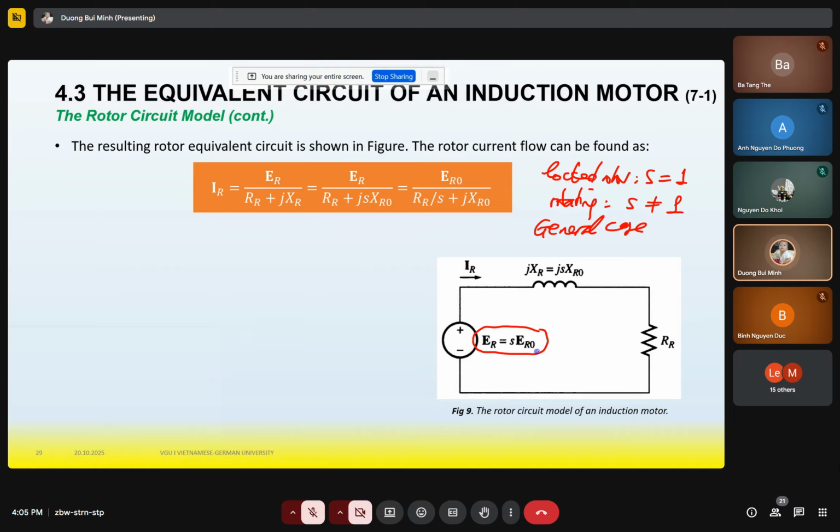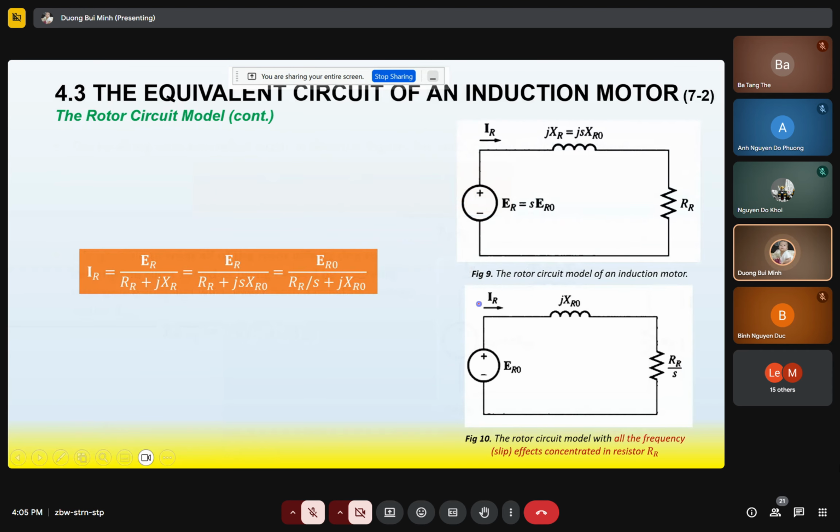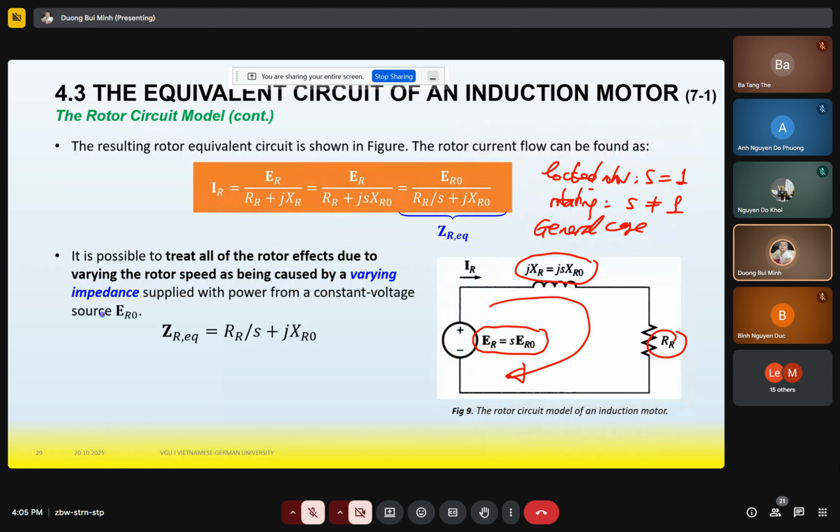ER is S times EI0 and XR is S times XI0. This is RR. Okay, so we apply Kirchhoff 2 for this one. If we apply Kirchhoff 2, we have ER equals S times EI0, which equals RR plus jXR times IR.